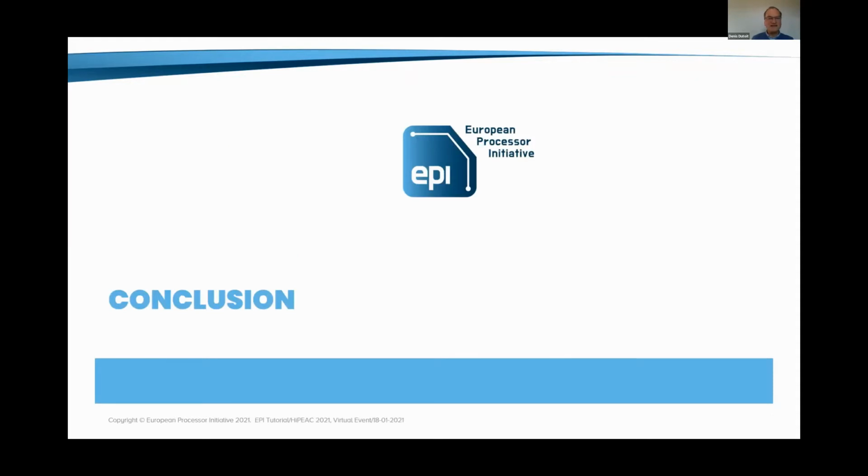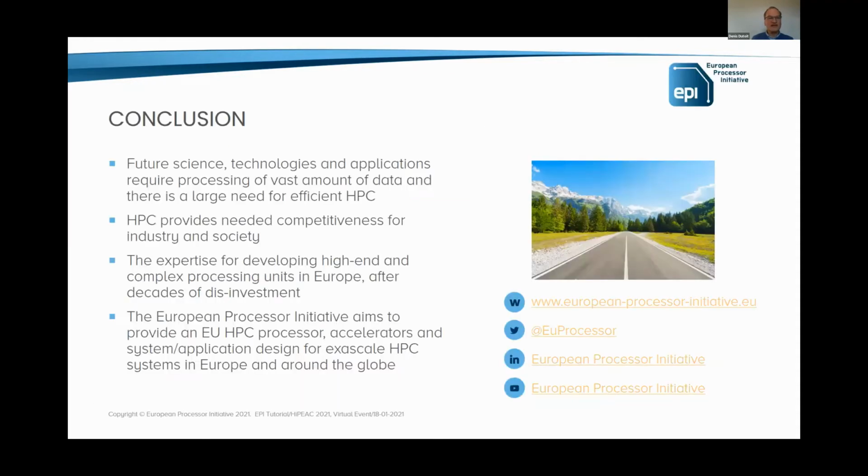So as a conclusion, we've seen that we really need an efficient HPC to provide competitiveness for industry and society. But the expertise for developing such kinds of high-end processors is no longer present in Europe.